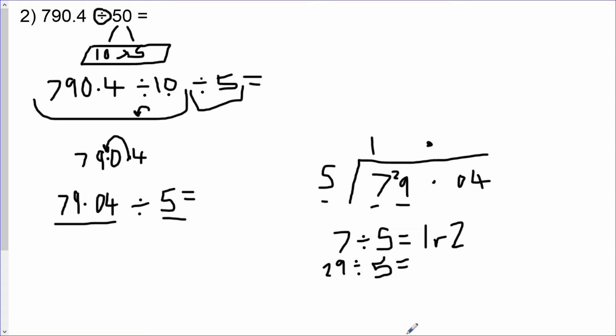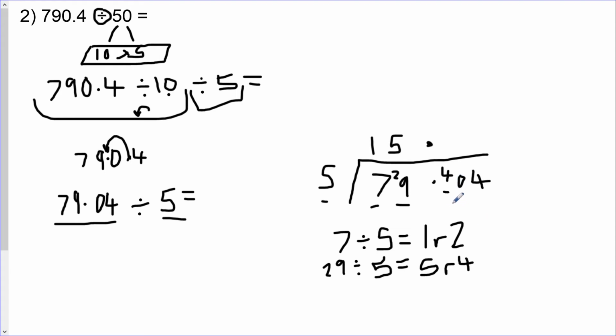Now again, if you need to use dots, if you need to write down your times table, do it. But 29 divided by 5 would be 5, remainder 4. So our whole goes at the top of the bus stop, and our remainder carries across to the next digit.